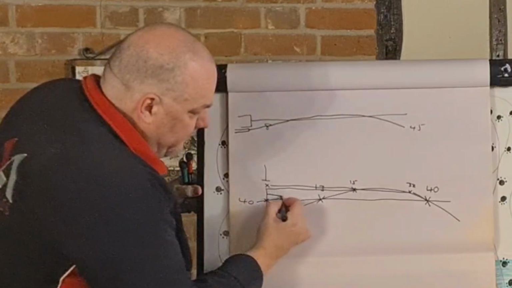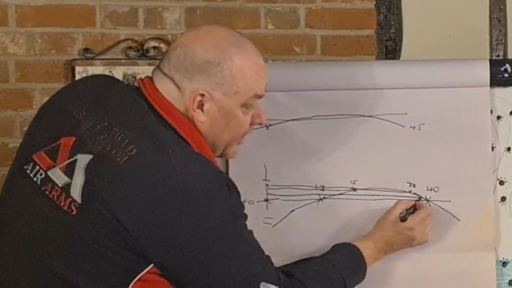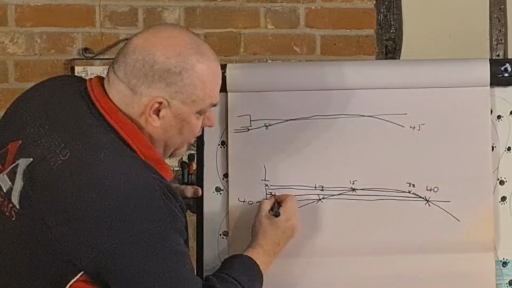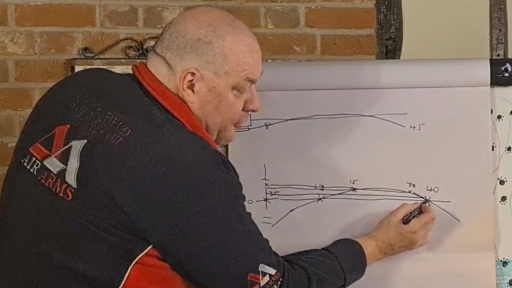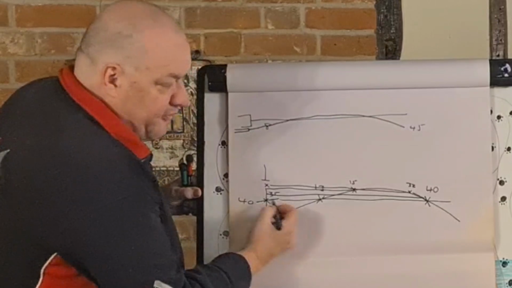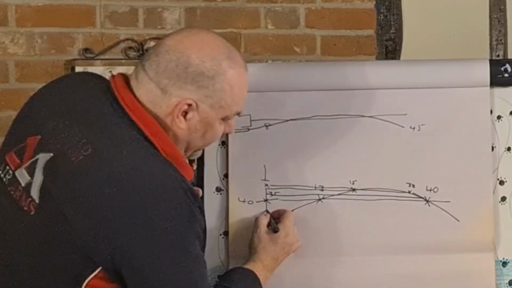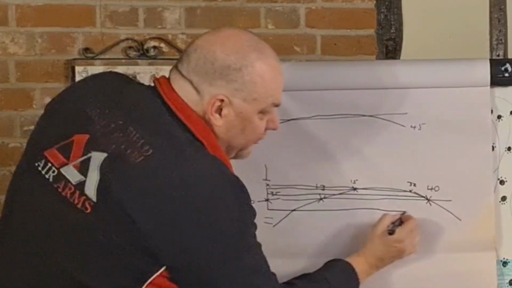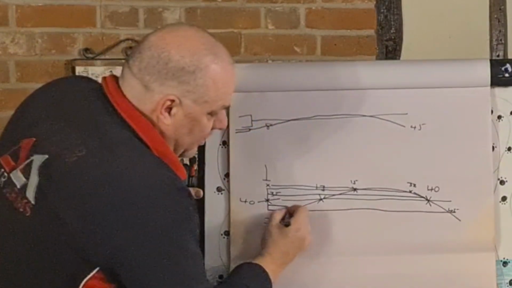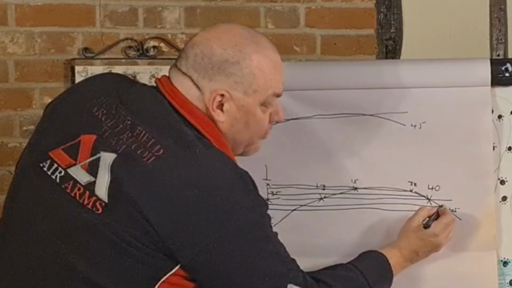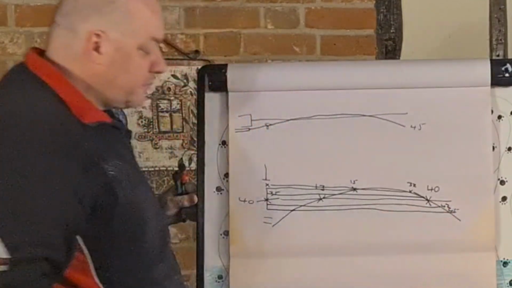So from here, that's going to intersect there. So let's say that's your 35 yards. It then drops down through your primary zero, which we know is 40 yards. And now we're talking at the bottom of the crosshairs, and that's your 45. And here will be roughly your 42.